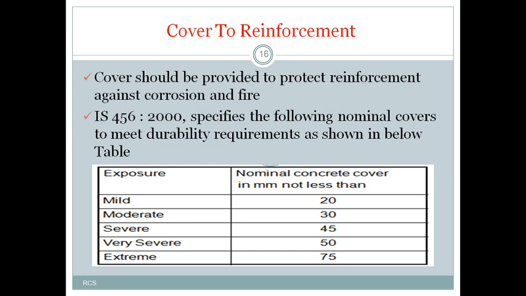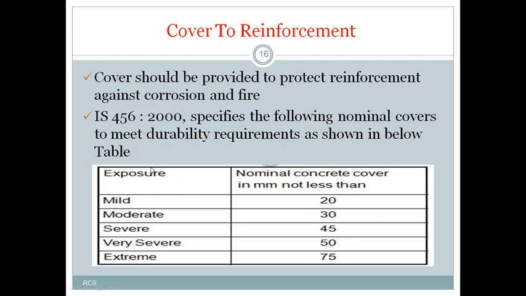Because of atmospheric weathering action, it may corrode, or if any fire accident takes place, the steel reinforcement also catches fire. To avoid those things, we have to provide some cover based on the exposure conditions. IS 456-2000 specifies the following covers to meet durability requirements, as shown in the table below, based on the exposure conditions.